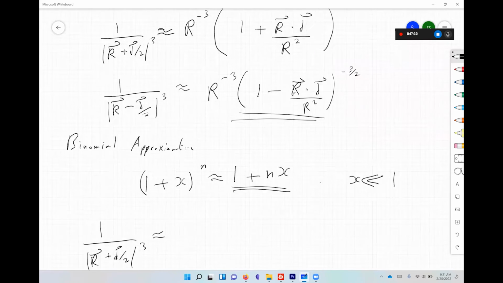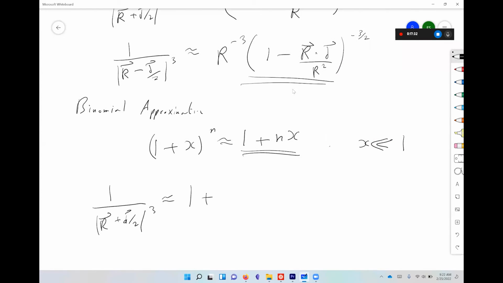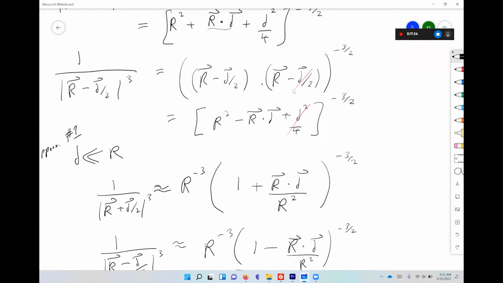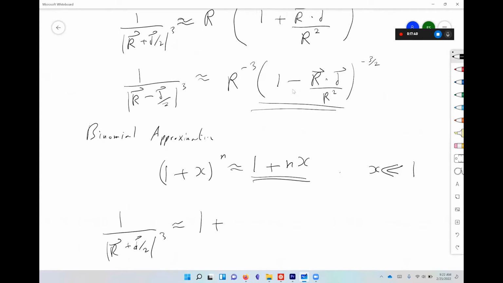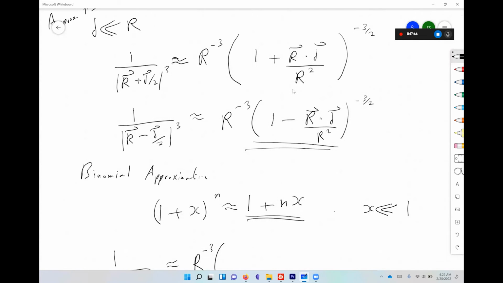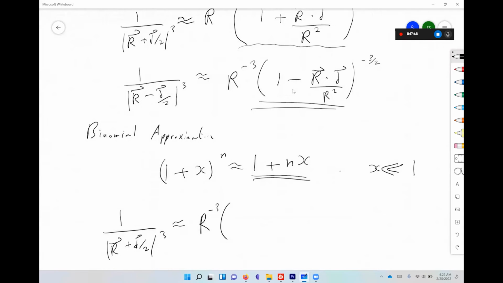This is going to be 1 plus, and then the exponent here is minus, n is minus 3 over 2. Of course, there's going to be r to the minus 3 here, right? We are doing the binomial approximation to this. So it's going to be 1 minus 3 over 2 r dot d over r squared.